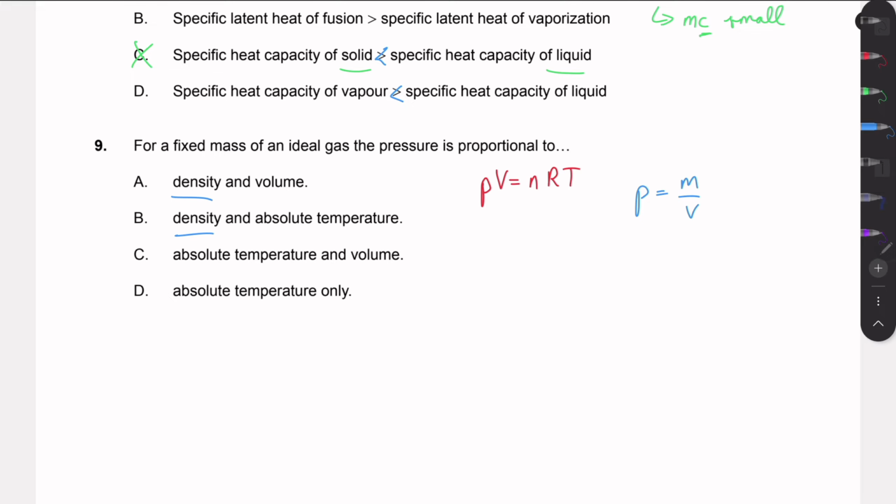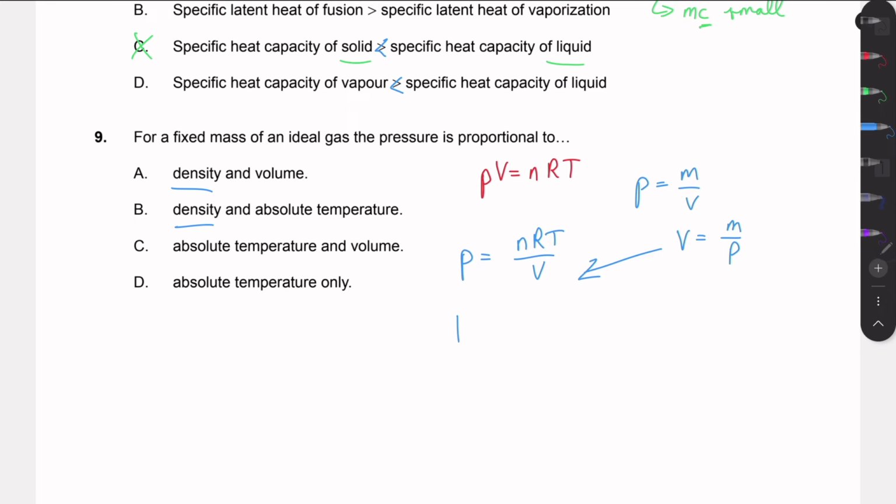So if we rearrange this red equation for the pressure, we will find that this is nRT over V, like this. And if we rearrange this for V, we will find that V is the mass over the density. So if we plug this in to here, we will find that the pressure is nRT divided by m over ρ. So dividing by a fraction is the same as multiplying by its reciprocal.